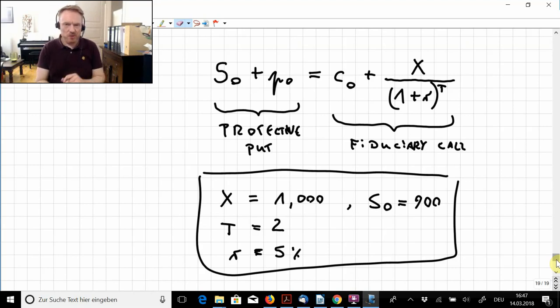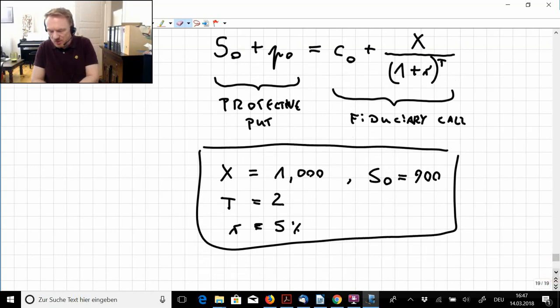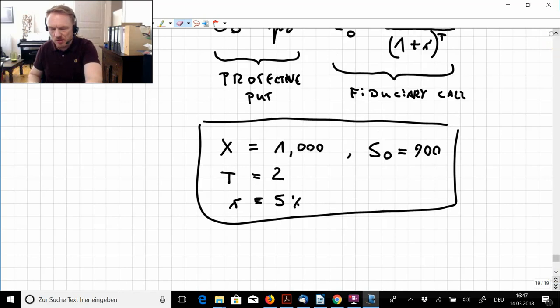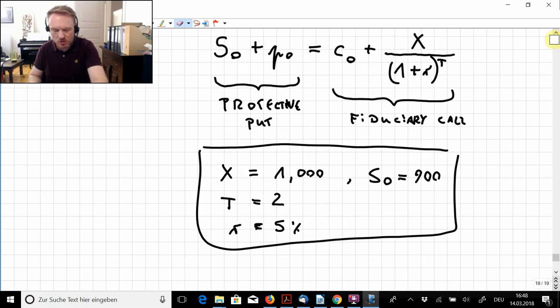And S0 is, let's have $900. So what can we do about it? Given those numbers, we can know the difference between the two options. The difference between the two options is P0 minus C0.